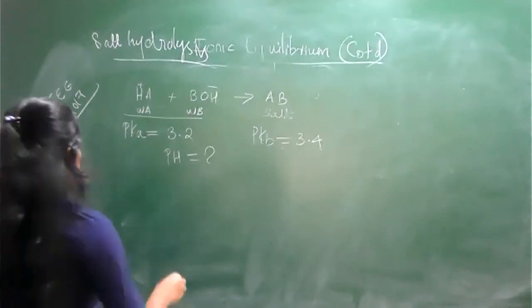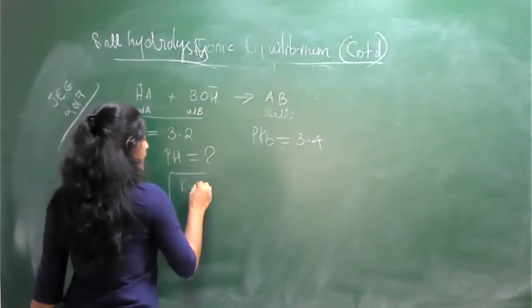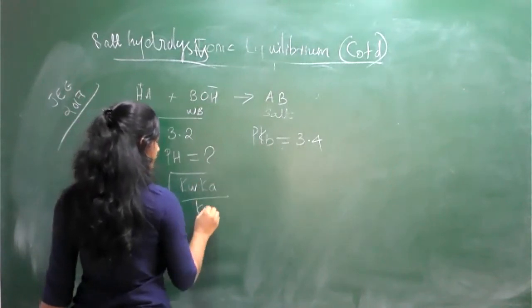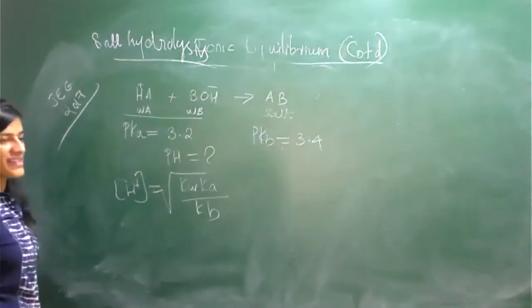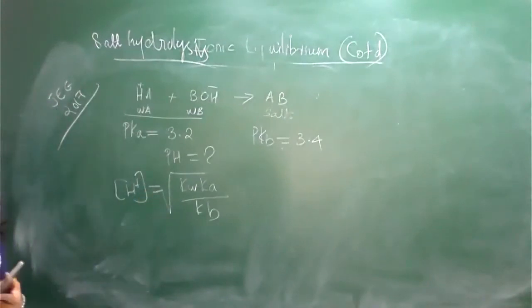Kw? Yeah, Kw, Ka divided by Kb. This is the weak acid, weak base H plus ion concentration. Try to find out pH. Only pH.